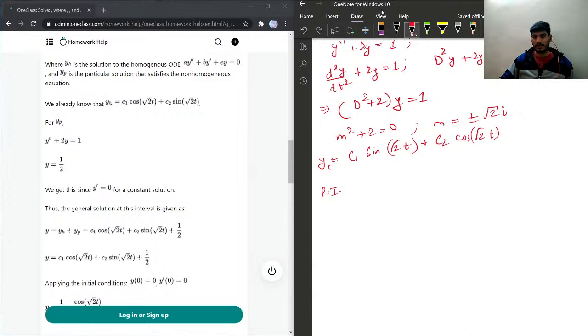So for the particular integral, we'll just take the RHS part. Oh god, I'm again and again writing this 1 over 2. This will be just 1. And now we are going to divide this one by D square plus 2.